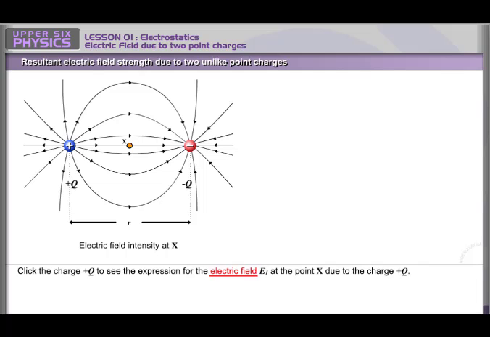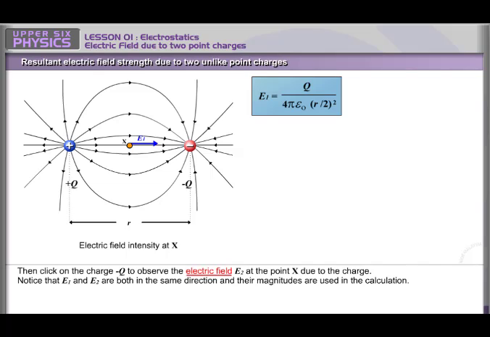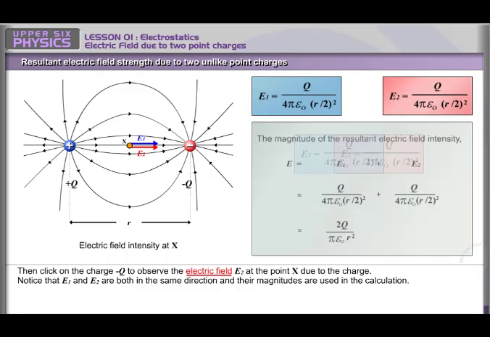Click the charge positive Q to see the expression for the electric field E1 at the point x due to the charge positive Q. Then click on the charge negative Q to observe the electric field E2 at the point x due to the charge. Notice that E1 and E2 are both in the same direction, and their magnitudes are used in the calculation.